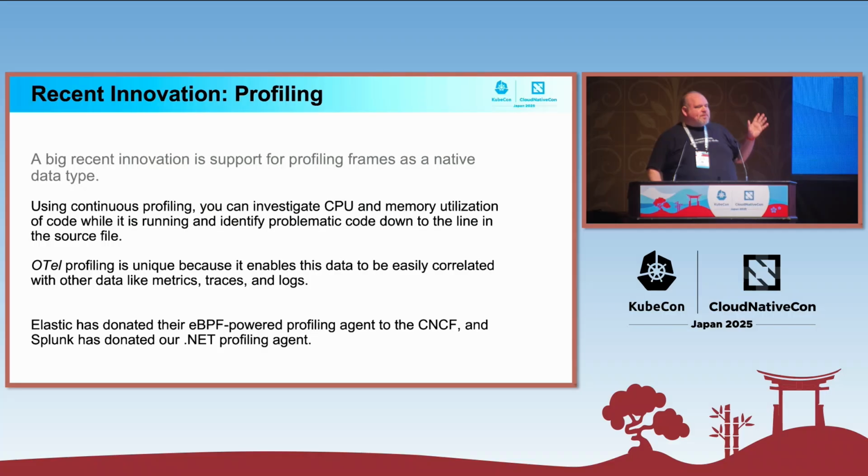And this is unique in OpenTelemetry because this data is being correlated with other data that you already have. So if you see like a CPU spike metric, you can say, oh, let me go directly to the code that caused that. Why is the CPU consumption higher? Right? If you're finding problems with traces that you see between these different microservices, there's some sort of a problem, again, you can go directly to the code that is calling that other service, like why are we calling it, what's doing that?